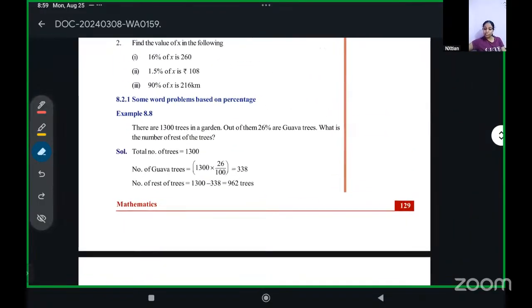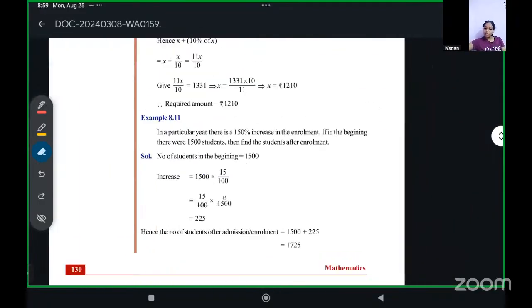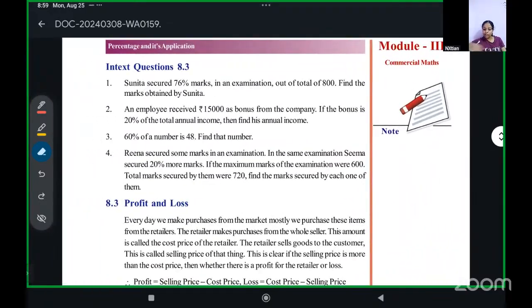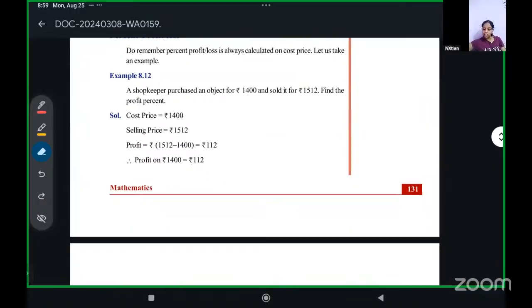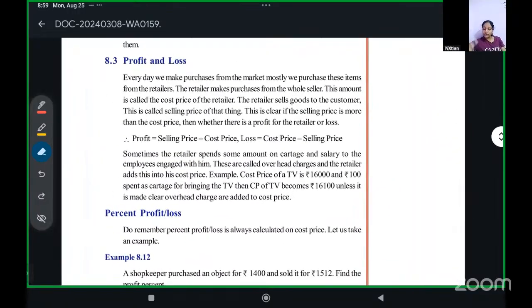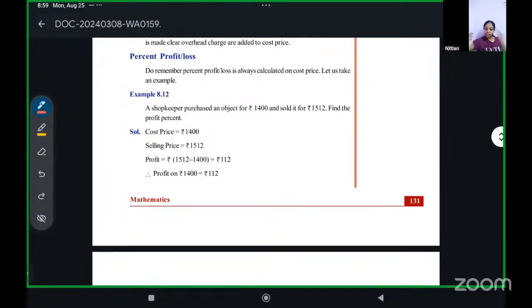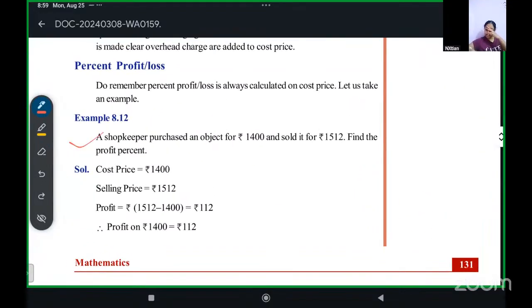Word problems, I'm not thinking to give you word problems. But on profit and loss, very easy questions can come, like the formula. For example: if a shopkeeper purchased for 1400 and sold it for 1512, find the profit.